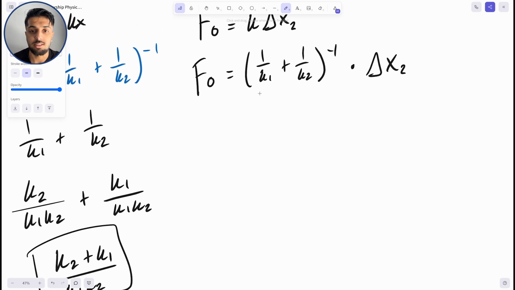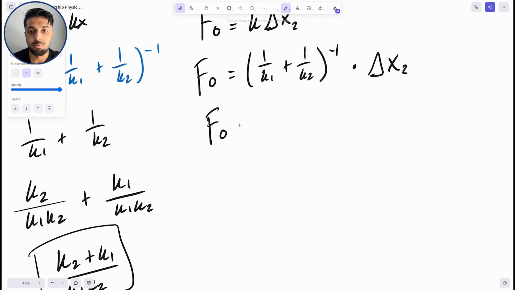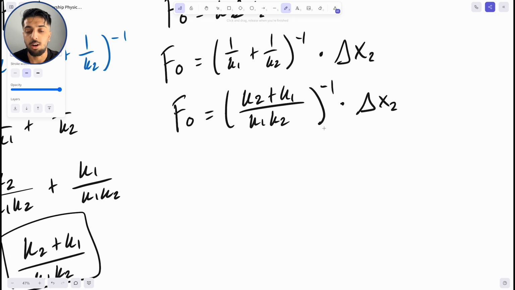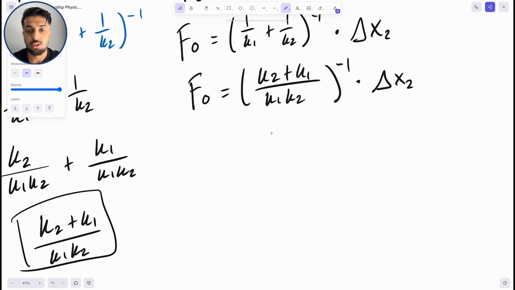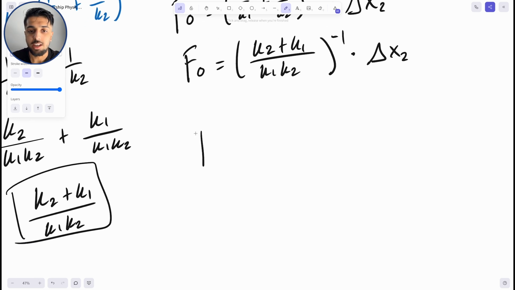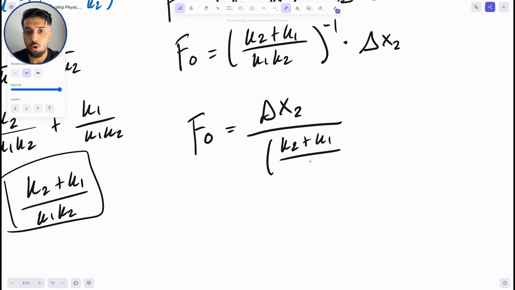And so we can plug that into here, and we get F0 is equal to K2 plus K1 all over K1 K2. And that again is multiplied by delta x2, and not forgetting that this is to the power of -1 as well. Okay, so now we can rewrite this expression to make it easier to rearrange, and we get F0 is equal to delta x2 all over K2 plus K1 over K1 K2.